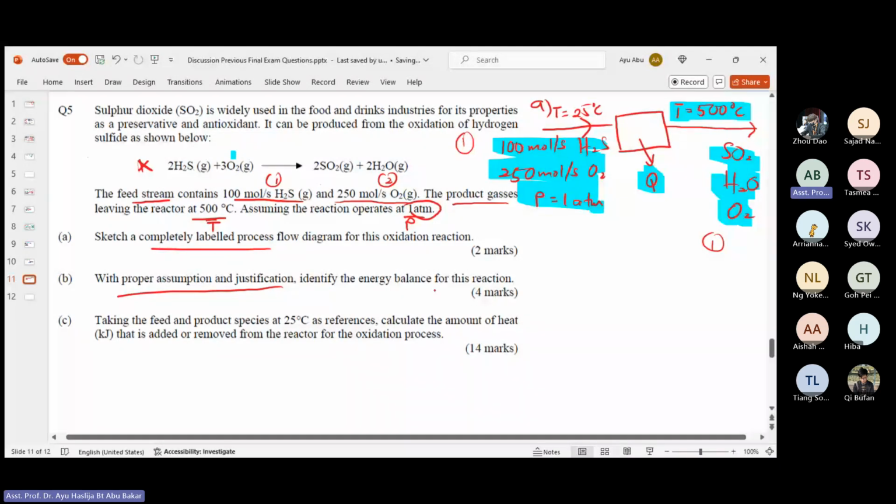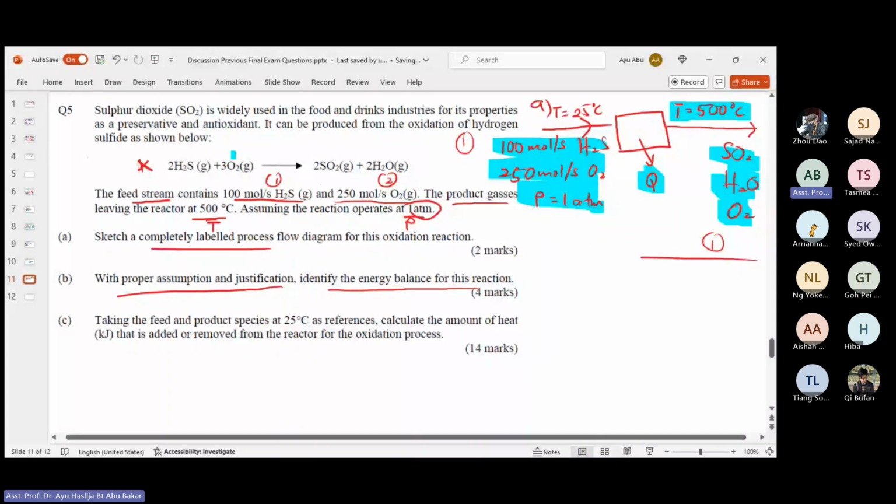Identify the energy balance for this reaction. Not yet to calculate the heat. What is the energy balance on this?